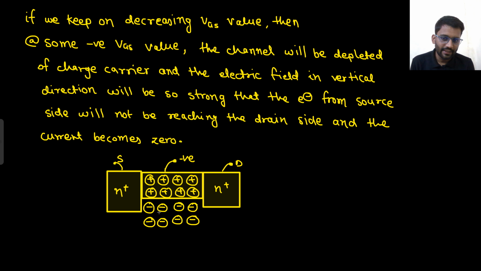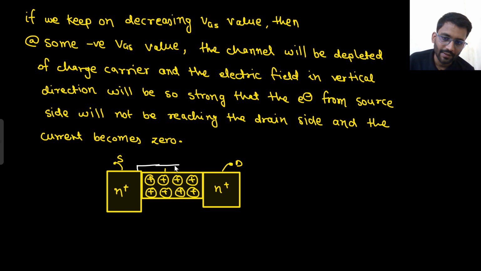This is the positive supply and this is the negative supply. So what will be the direction of the electric field? There is an error in this one, this should not be there, because to the substrate we are giving the holes.